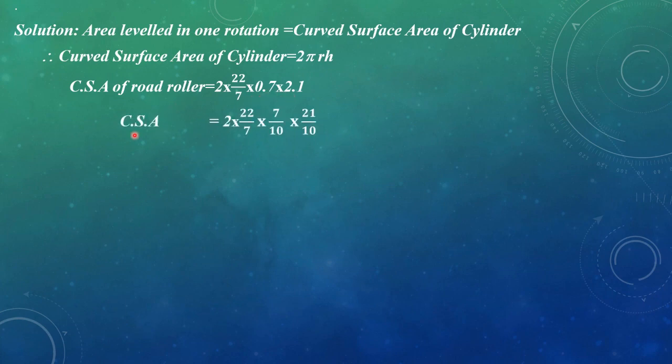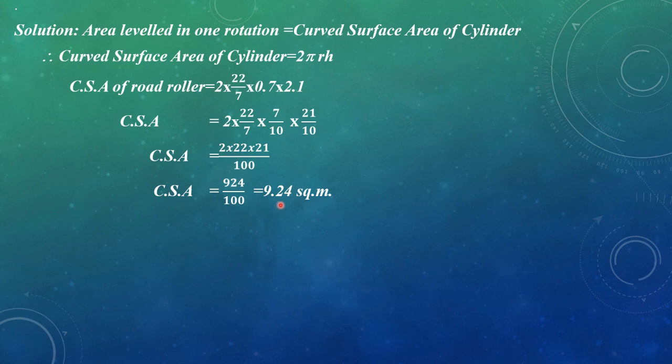Therefore, curved surface area is equal to 2 multiplied by 22 by 7 multiplied by 7 by 10 multiplied by 21 by 10, removing the decimal points. Therefore, area is equal to 2 multiplied by 22 multiplied by 21, where 7 and 7 will be cancelled, upon 100, and that is equal to 924 divided by 100 is equal to 9.24 square meter.